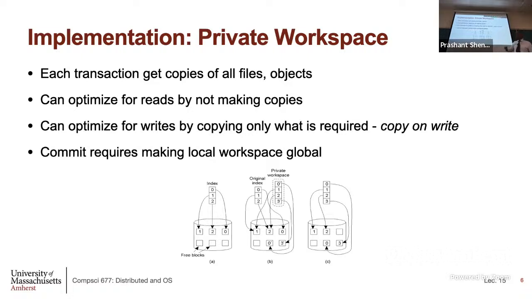So now the database has been merged with the private workspace, and the changes are now visible. At this point, you cannot go back. The database transaction is committed. Until you had this workspace, you could have just thrown it out, and the original database is as is, so you didn't have to undo anything. Once you actually merge, you cannot go back. That's your commit. Okay, yes, question.